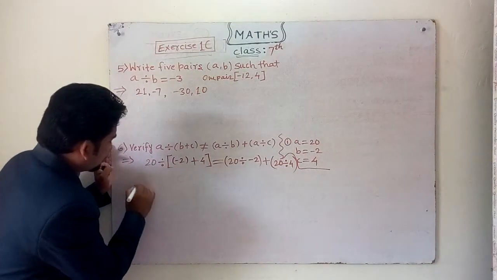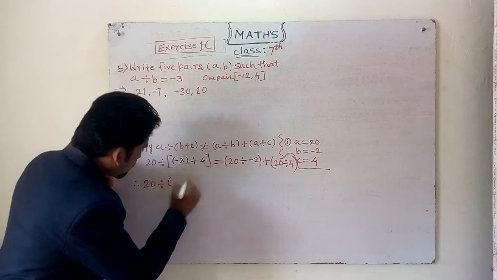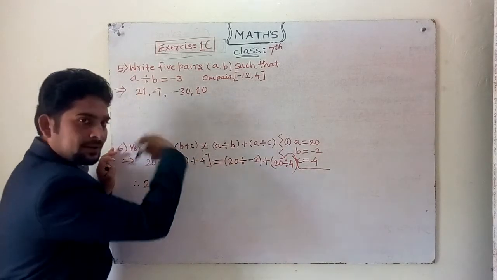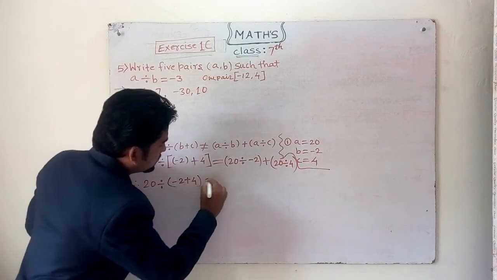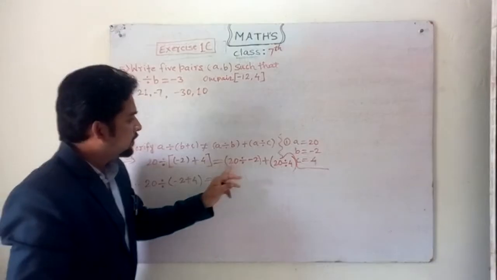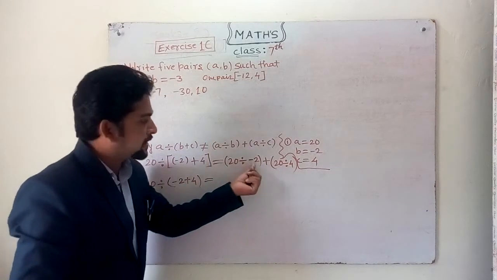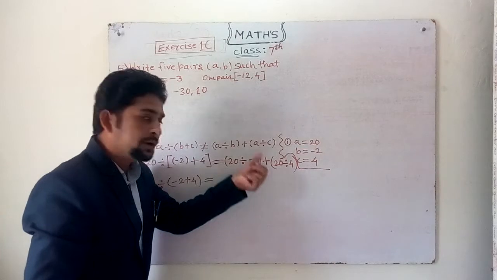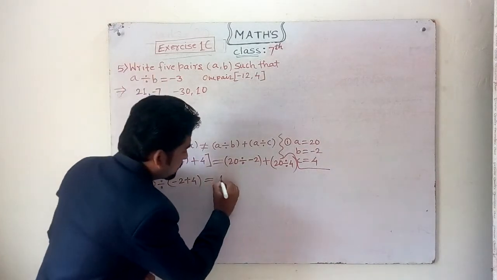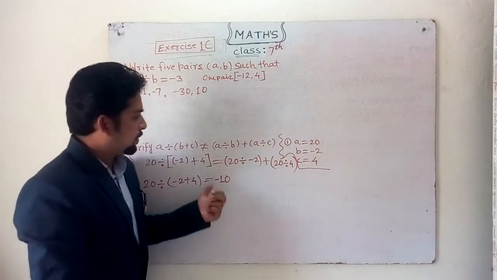20 as it is. Therefore 20 divided by, in the small bracket we will see, it will be outside the bracket, means -2 plus 4, is equal to 20 divided by -2. The answer will come in minus because one minus sign is there. In 2's table 20 is coming, 2 10s are 20, so the answer is 10, but one time minus, so the answer will be -10.